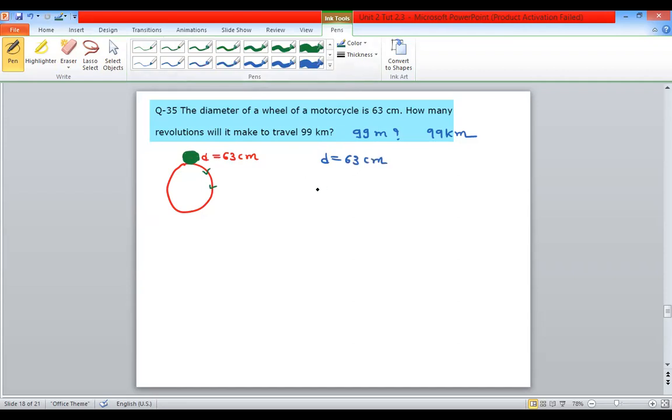So the radius is d divided by 2, that is 63 by 2, which is 31.5 centimeter. Circumference, that means one revolution.